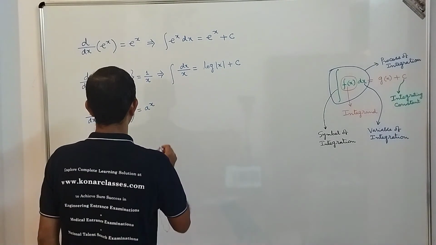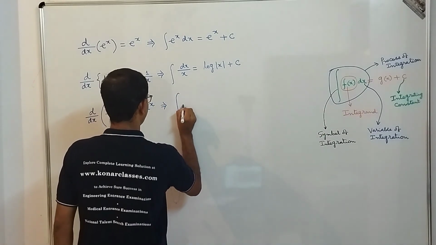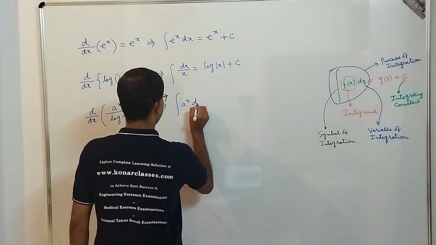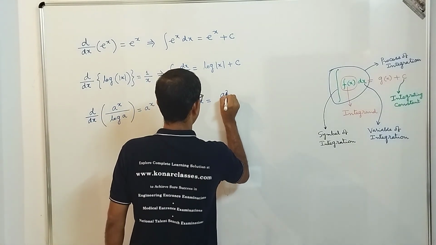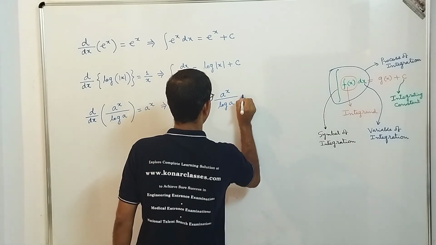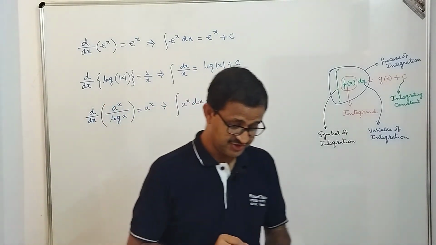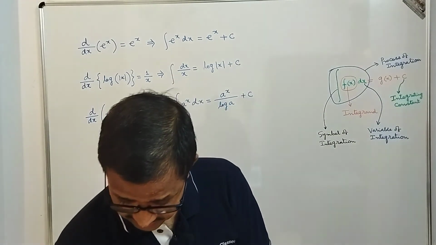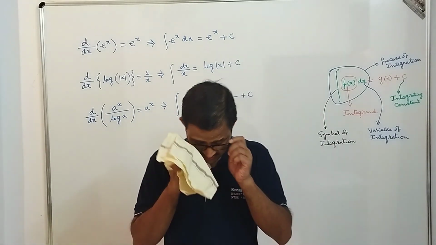So this implies integration of a to the power x dx is equal to a to the power x divided by log a plus c. And as I said, dear students, in all these formulas, c is the constant of integration.